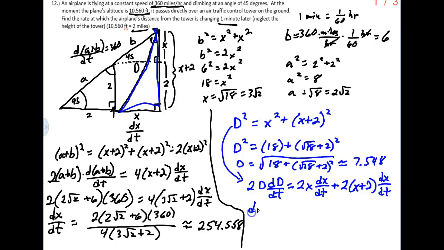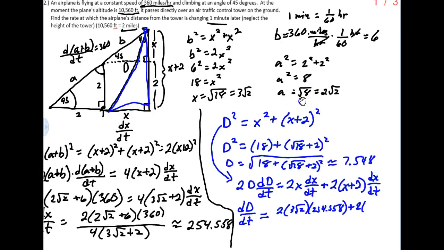All right. So dd/dt equals 2x, which we found in our earlier work, 3 root 2, times dx/dt, which we found over here, which we just calculated to be 254.558, plus 2 times (x + 2).